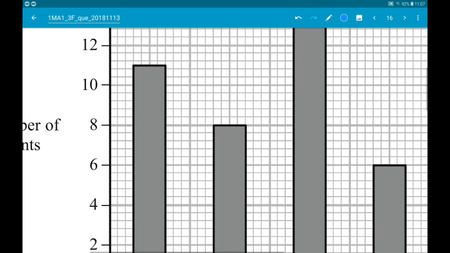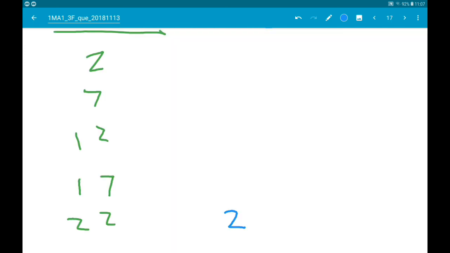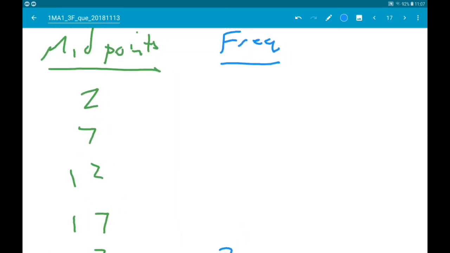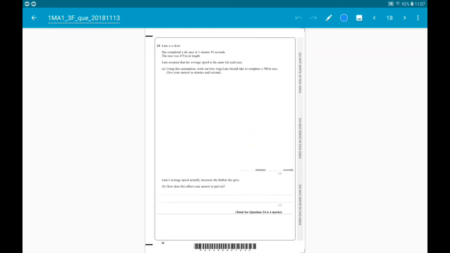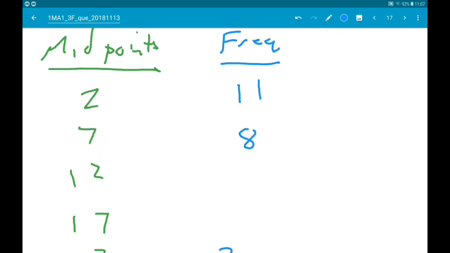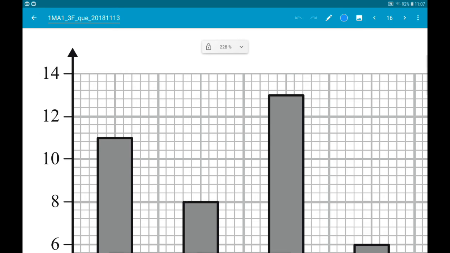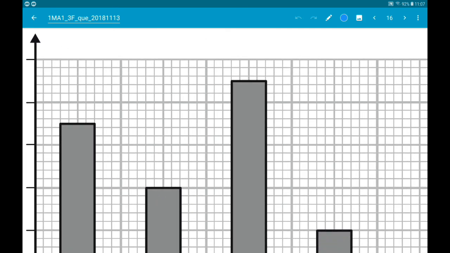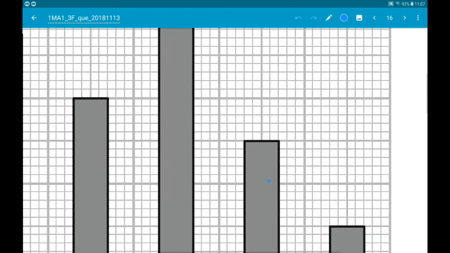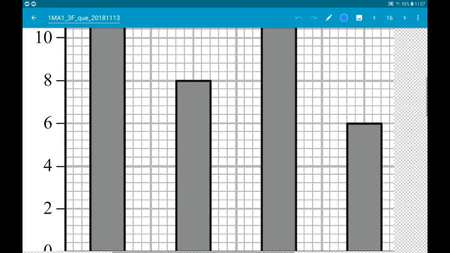The second one is 8. Third one is 13, and the fourth one is 6.